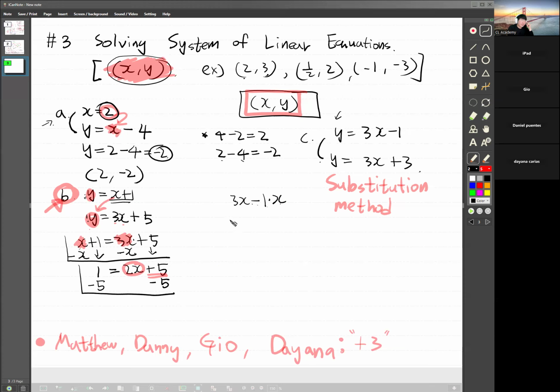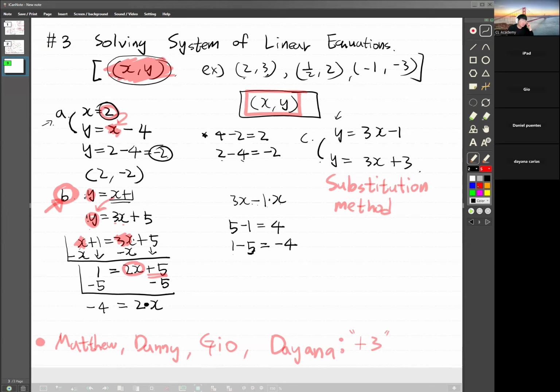One more time. 5 minus 1 is 4, but 1 minus 5, we subtract a bigger number, so it becomes negative 4. So we have negative 4 equals 2x. What's the operation between 2 and x? Multiplication.